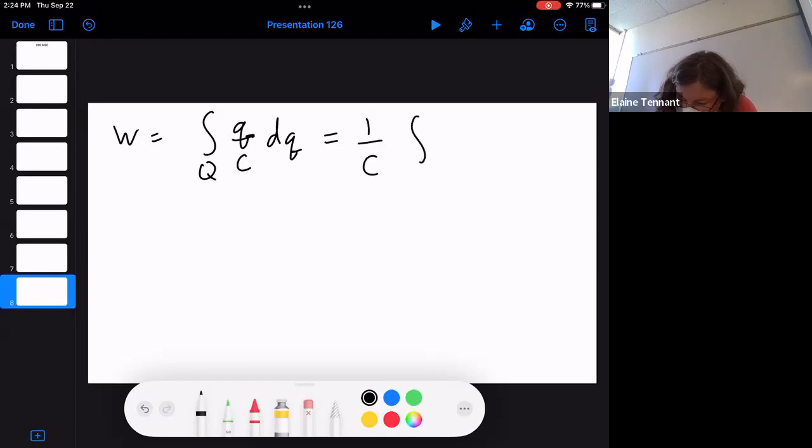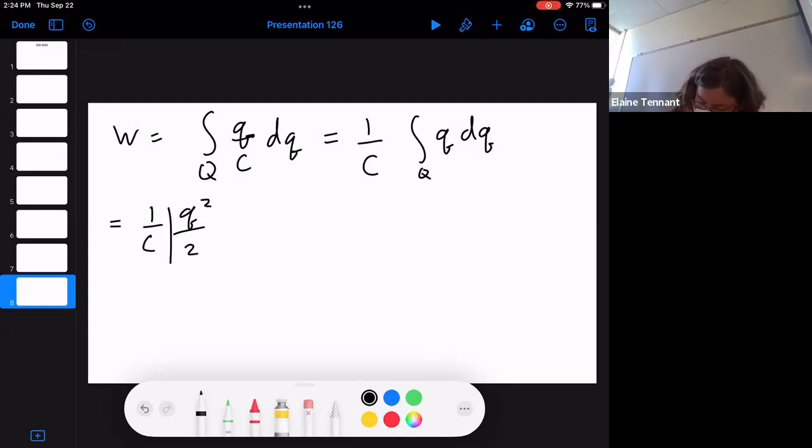So now we are integrating Q dq. And what is the integral of Q dq? Q squared over 2. Yeah, it's just like x dx, right? So 1 over C, Q squared over 2, and we're doing this until we hit the total charge Q. And so this is just going to become total charge on our capacitor squared over 2C.